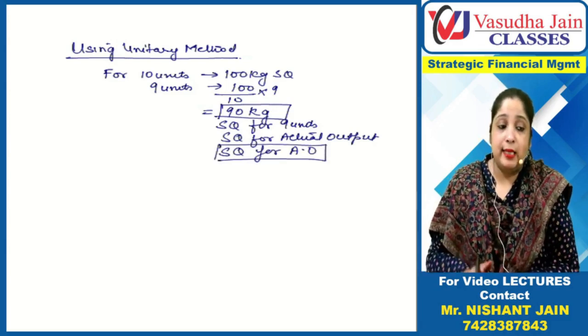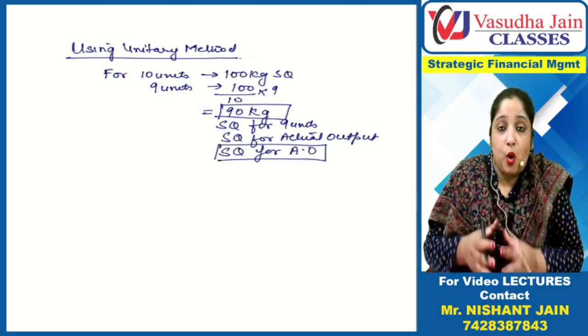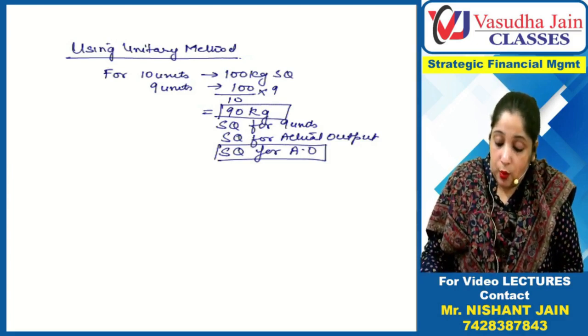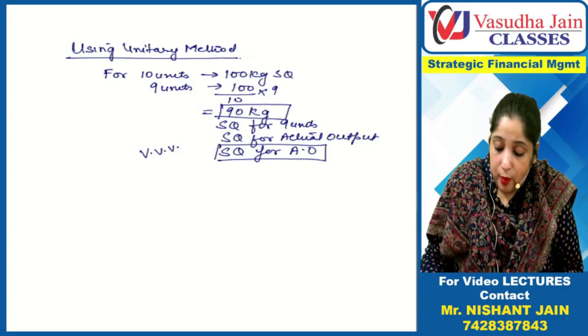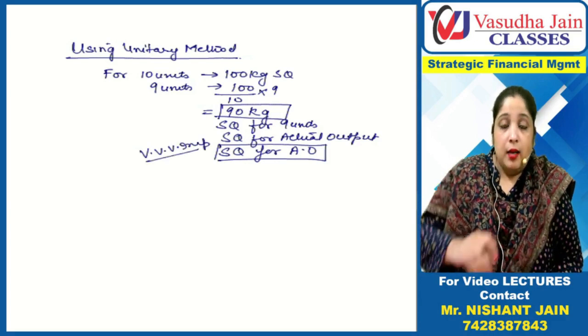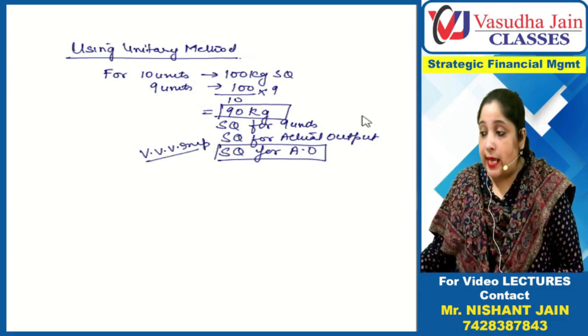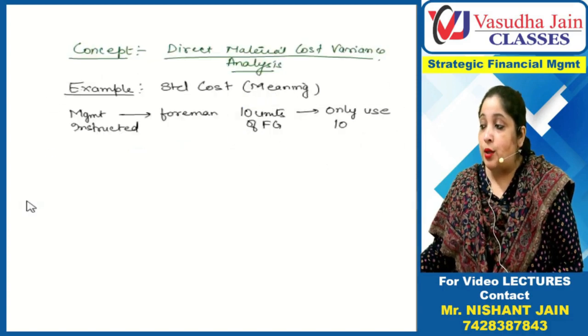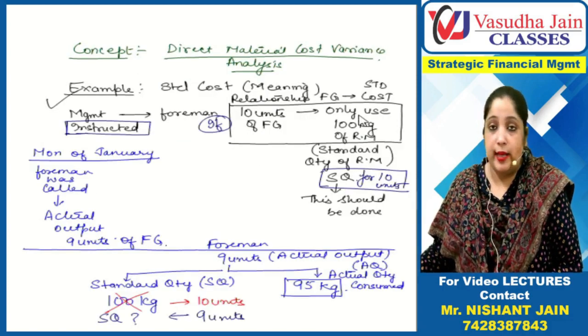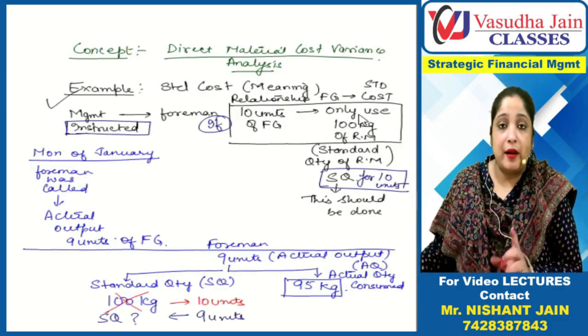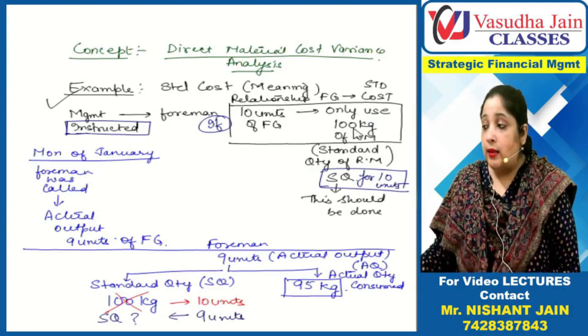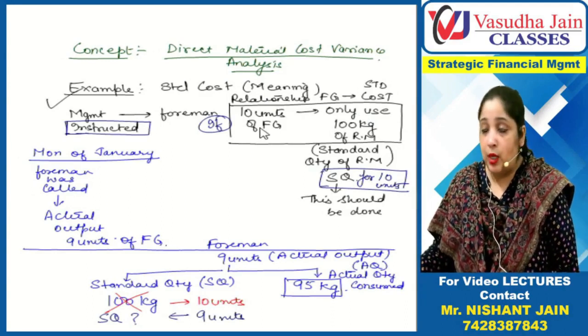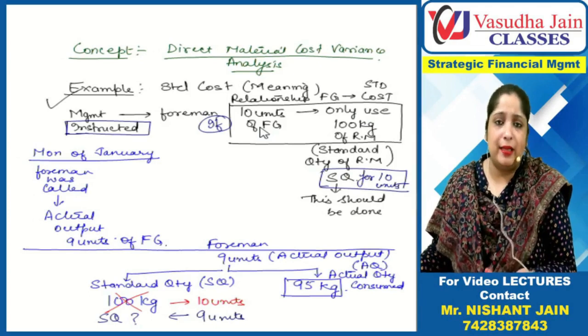Please, my dear students, this is the main standard costing concept. This word is very, very important. 90% of students mistake the standard quantity to be 100 kg. 100 kg was only a reference given to the foreman, that this is also standard quantity, but for 10 units. 10 units was only a budget.